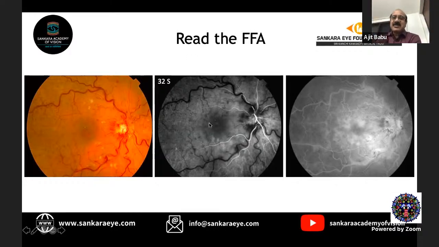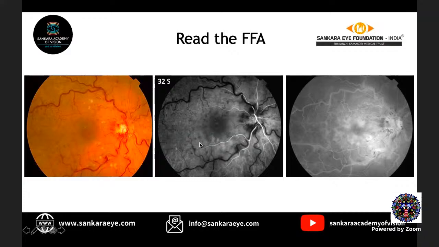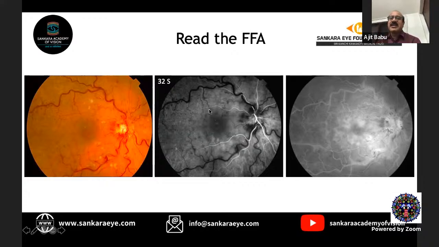So what is happening to this angiogram? What is happening to the eye, the dye entry and everything? The dye is showing stasis in the arteries. See, at 32 seconds you are expecting a recirculation phase, but what phase is this eye showing?